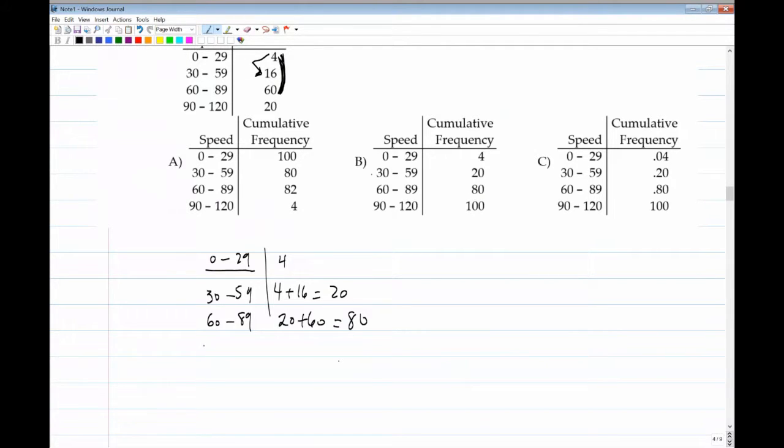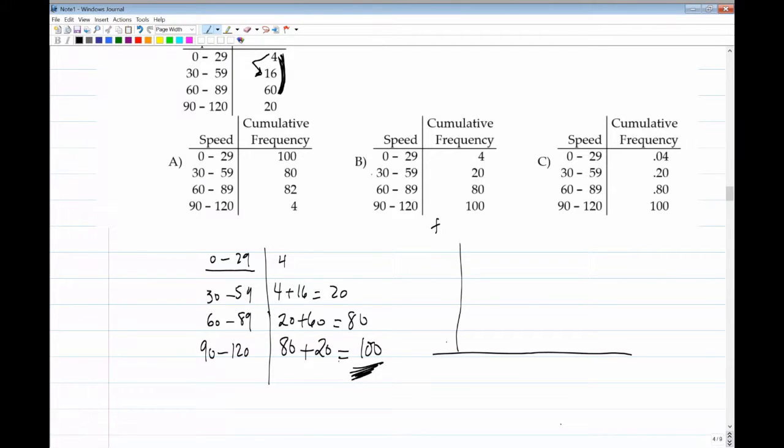Now, the last one, between 90 to 120, is going to be whatever you had before plus the frequency of that class, which is 100. So the last number right here must match the total number in the sample. If you look at the graph of this one, we put the frequency over here, dividing by 20: 20, 40, 60, 80, 100.